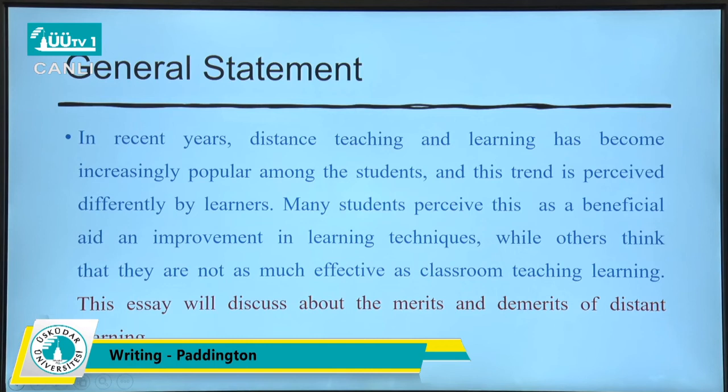When you start your general statement, you're talking about something general, maybe a 10 years trend, maybe a 5 years trend. For grammar, try to use the present perfect or present perfect continuous tense, for example 'has become', because this is not something we do just now. In recent years, 10 years, more than a decade.